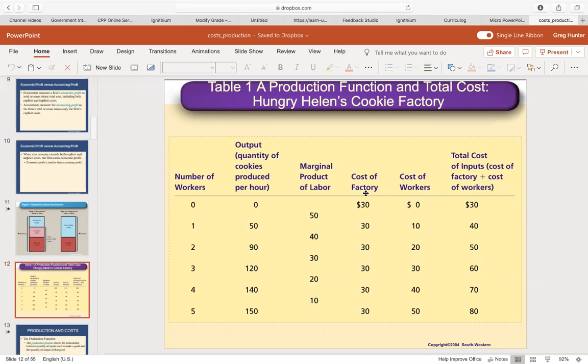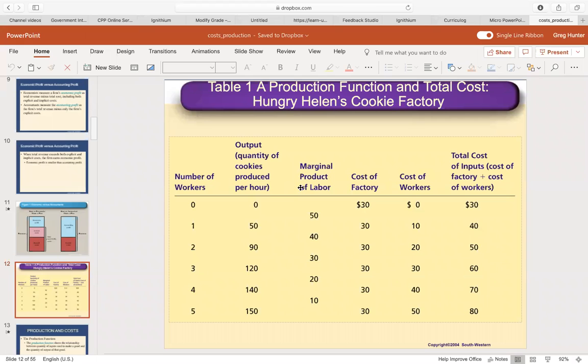So we've got the cost of the factory and the cost of employing workers, and then we add those together and we get the total costs of the factory plus the workers. And then obviously when we employ workers, those workers are going to be used to produce output. So you can see in the first column here, we have the number of workers we employ, and then how much output they can produce. In this case, it's cookies. One worker can produce 50 cookies, two workers can produce 90 cookies. So adding one more worker, the second worker produces an extra 40.